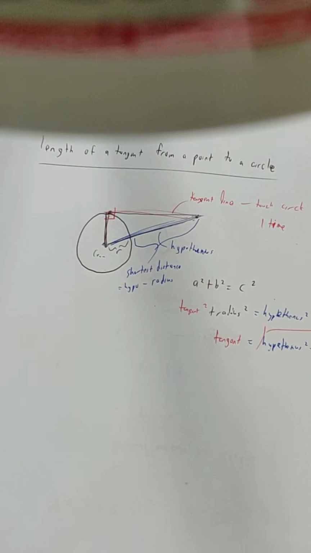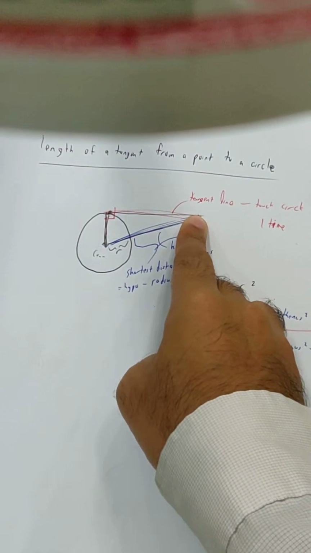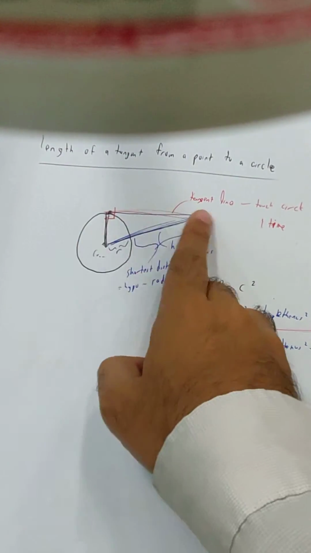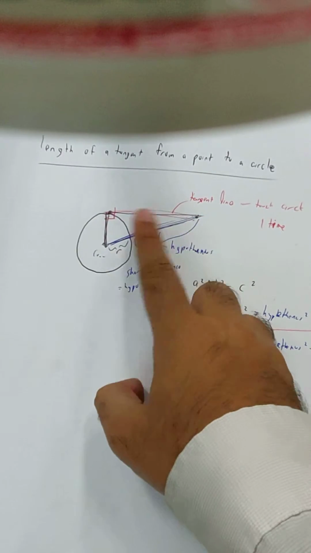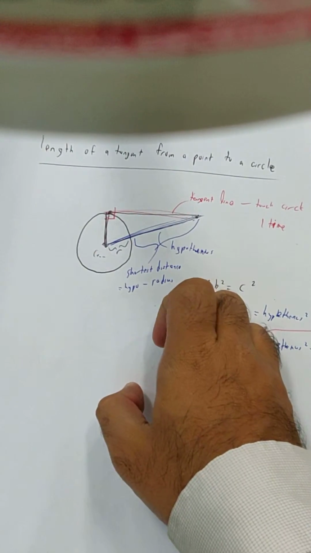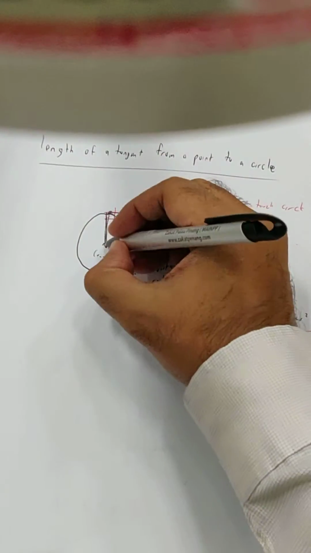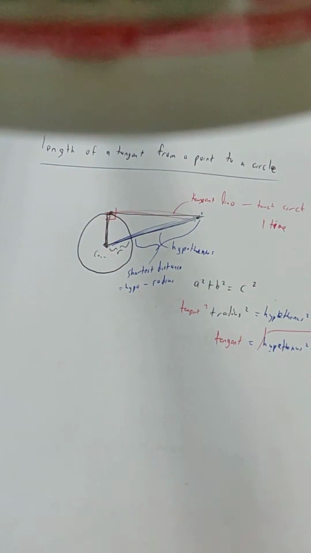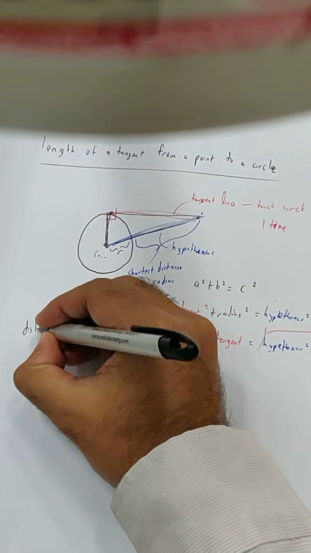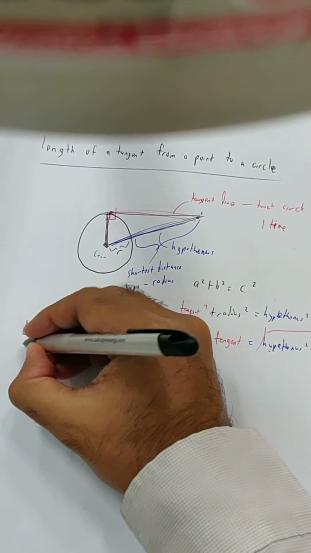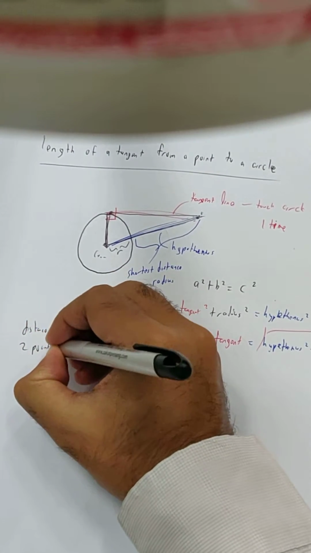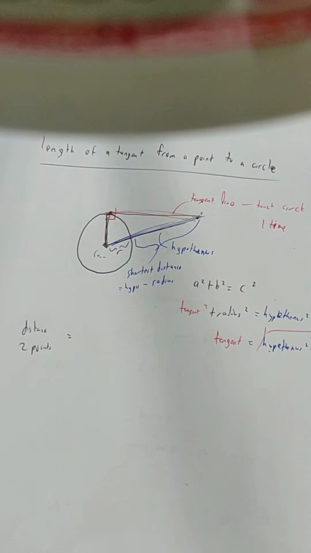So let's give them a try. If I give you 2 points, this one and that one, how do I find the length? If I give you this point and this point, distance between 2 points, do you remember the formula?